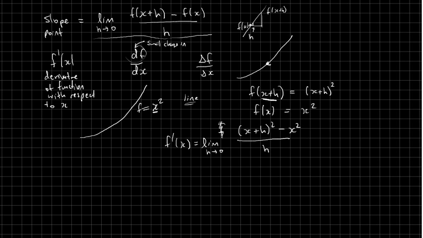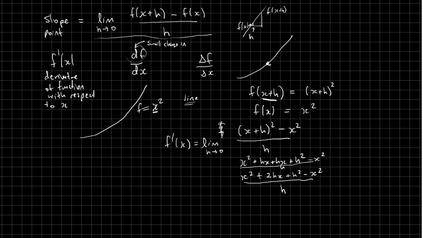So let's expand this out. So we're going to have x squared plus hx plus hx plus h squared, and then x squared minus x squared, divided by h. And so we're going to have x squared plus 2hx plus h squared minus x squared, divided by h.